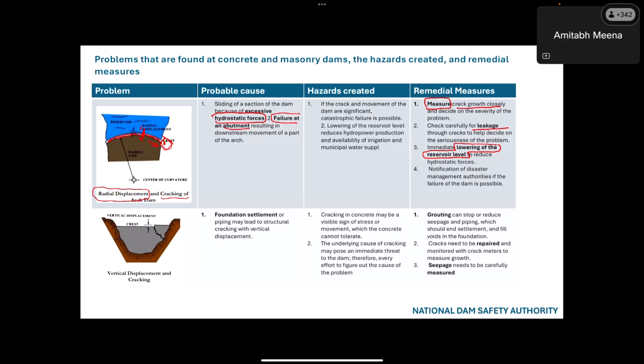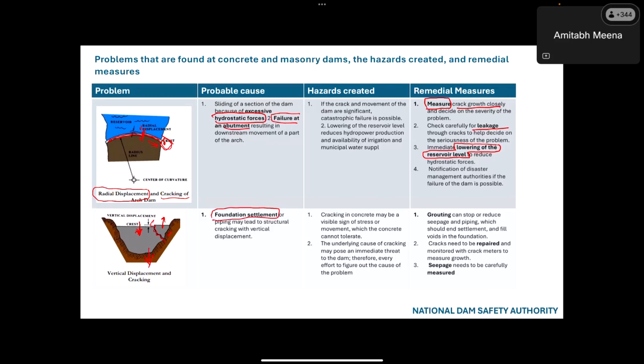This is because the crack is on the entire body of the dam, so unless there is some issue in the foundation, it is unlikely to occur. Most probably, if this foundation has settled, only then will this happen. So the first remedial measure we can take is grouting.